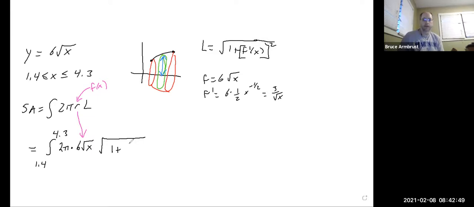All right, so I'm going to get 3 over root x squared dx. Okay, so before we try to actually do this integral, any questions on how I got it built?